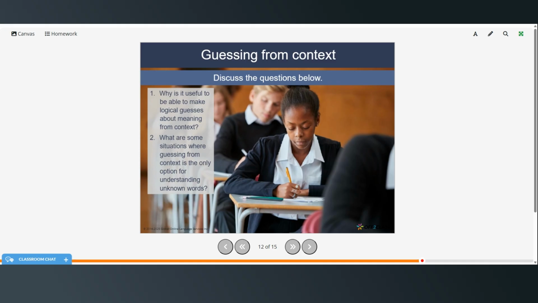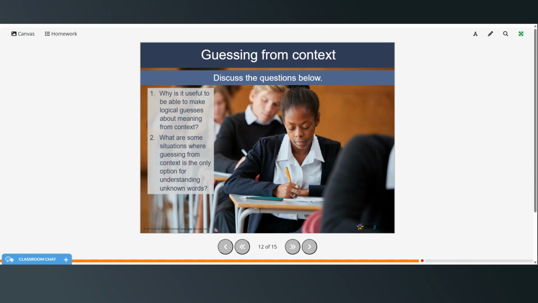Well, one reason it's useful, I think, is that to stop and look up every word that you don't know in the dictionary is very time consuming and may interrupt your understanding of what it is you're reading if you're stopping constantly to look up the word.